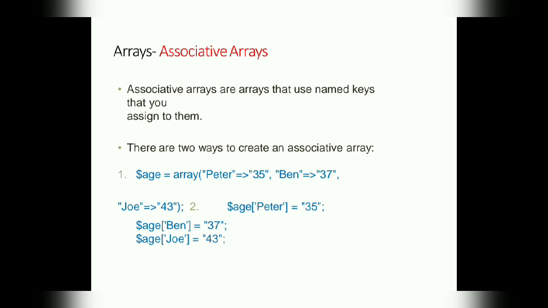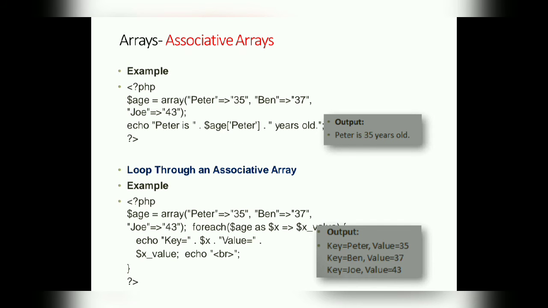Okay, so in the example you can see there are two formats. In the first format, the $age is holding the array of Peter, whose age is 35, comma Ben, who is having age 37, and Joe as 43. While in the second syntax, we can see $age[Peter] equals 35.